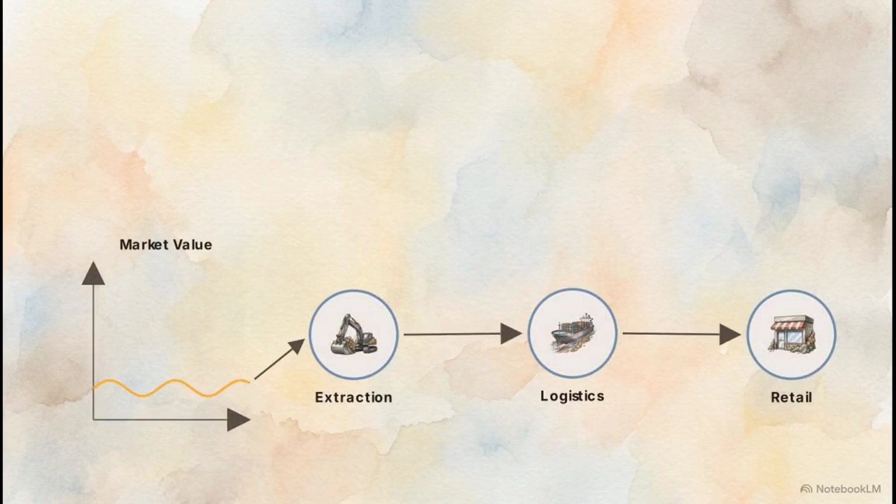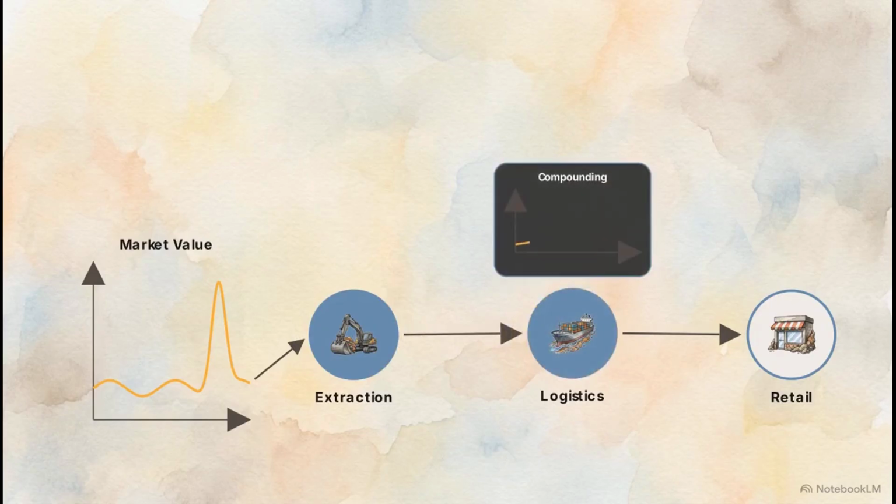When the futures price for a raw material spikes, it creates an immediate variable cost increase that disrupts a manufacturer's entire pipeline. As that extracted material moves along the chain, the total expense compounds. The energy required just to transport these heavy raw ores and finished components adds even more cost into the system.